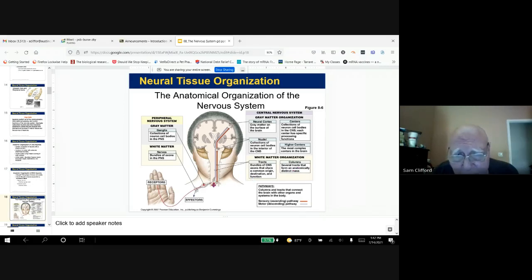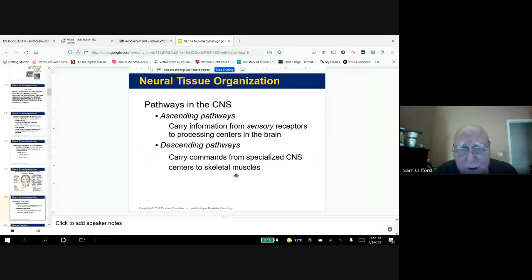Okay, so all the information that gets to the spinal cord first is carried to the central nervous system by these various tracts. So there are ascending pathways that carry sensory information to the central nervous system, and descending pathways which carry information away from the central nervous system to make muscles contract.